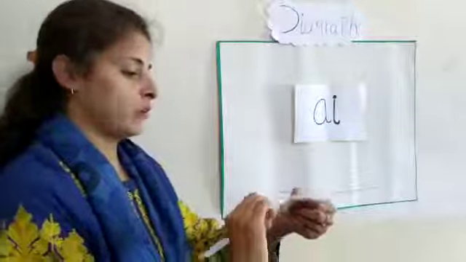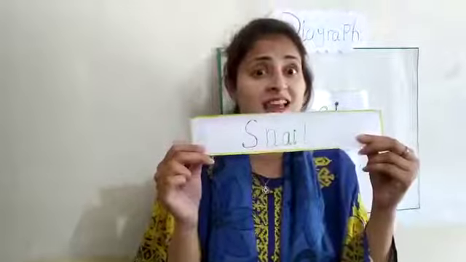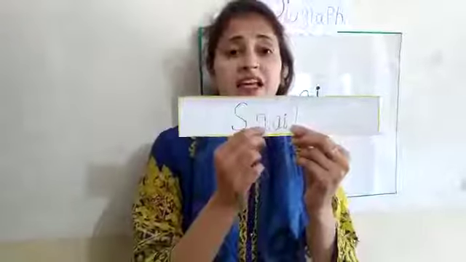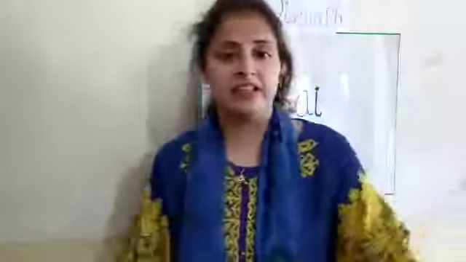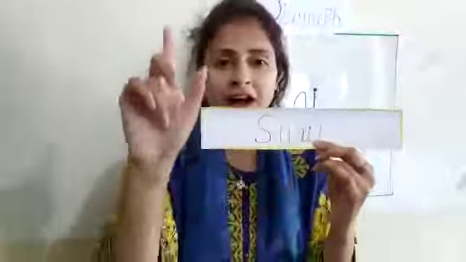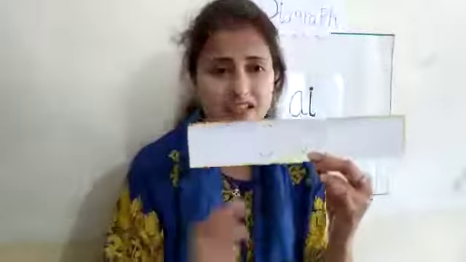Okay, now I'm going to show you some flashcards regarding the sound A. What is this? The word is snail. What is the first letter? S. And this one is A. If I say S, A, is it right?